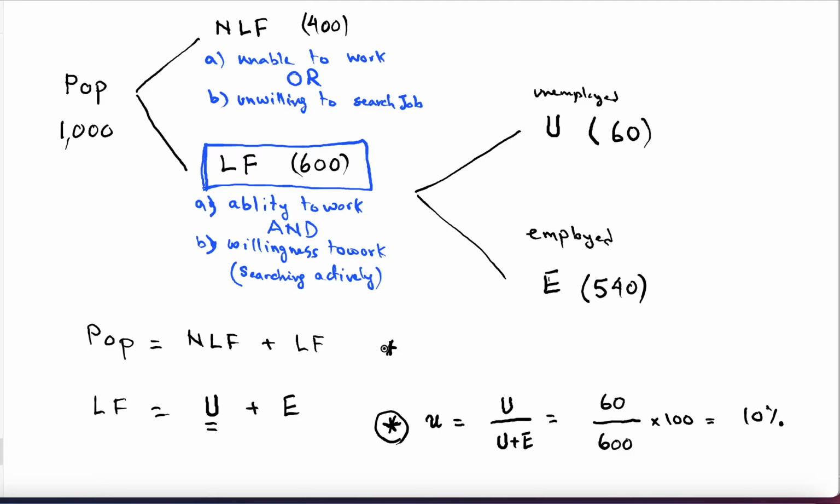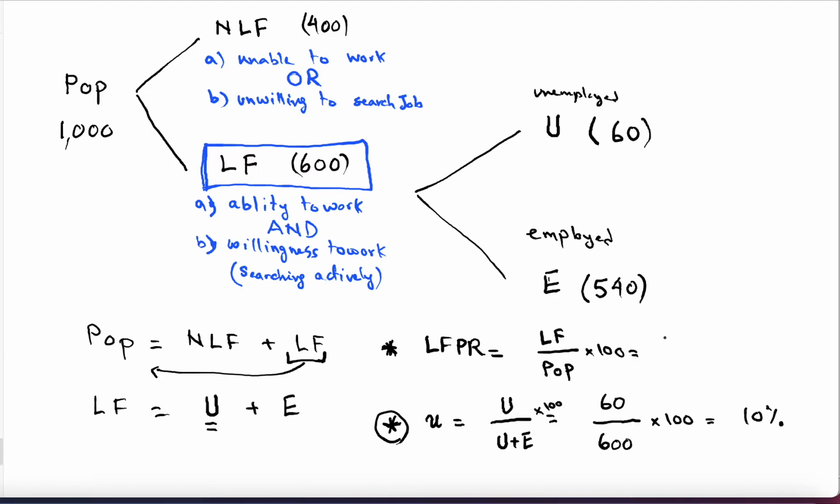And the other important indicator which we often calculate is called labor force participation rate. That is the ratio of the labor force out of the total population. So labor force divided by population, multiplied by 100.